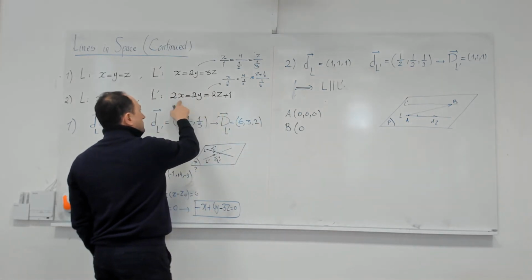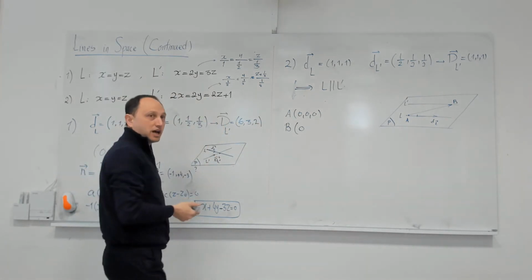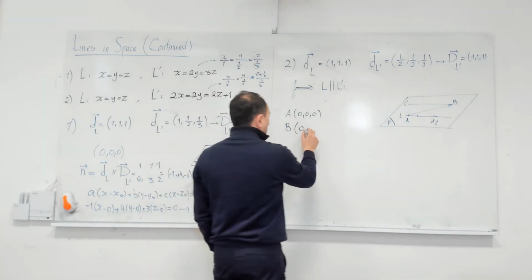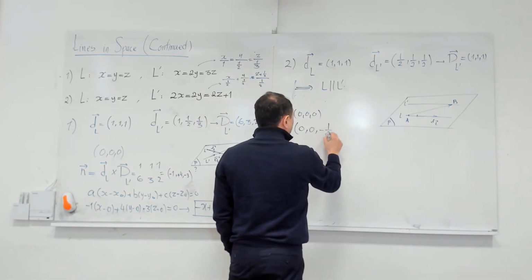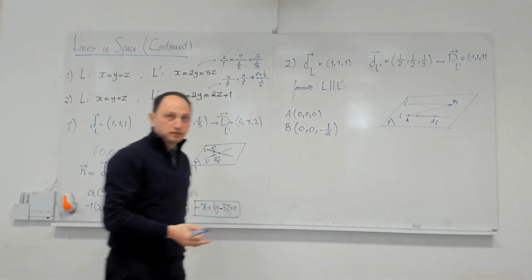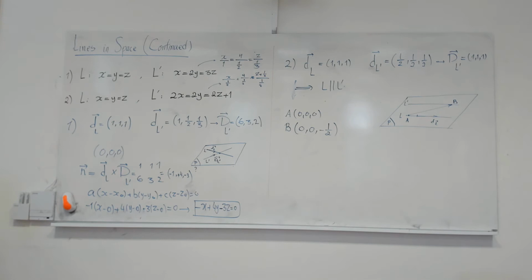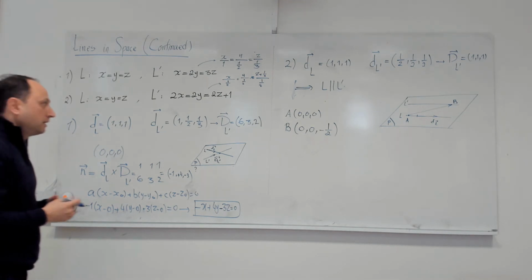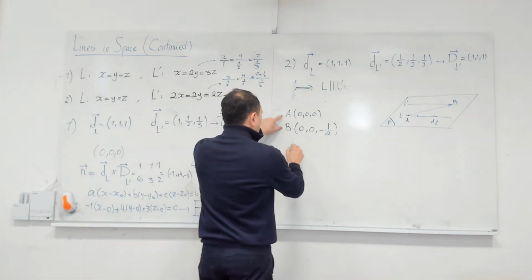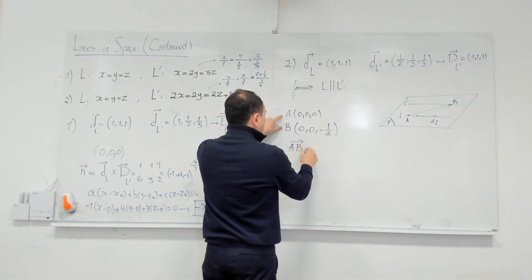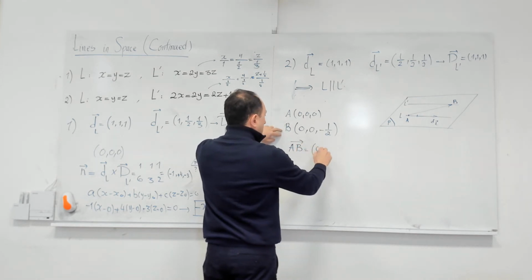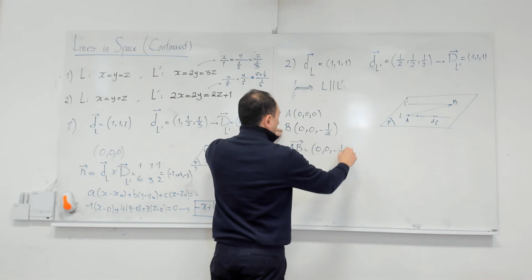So y becomes 0, but z becomes minus 1/2. You can choose whatever you like, but am I allowed to rescale it to get rid of fractions? No, because the points cannot be rescaled. If you rescale them, they will move somewhere else. And then you need AB. AB is also very simple. The final point minus the initial point, so it becomes 0, 0, minus 1/2 again.